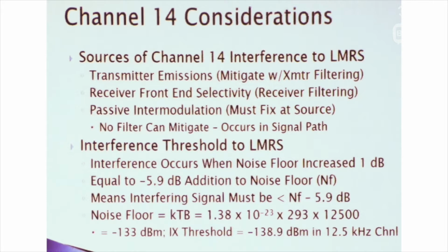But also something that if you've been coming to these conferences for a while, you've heard me talk about in the past, passive intermodulation. That you cannot fix with a filter. That has to be fixed at the source. It's just like I was saying a minute ago about the mask filters and receivers. Once the energy's there in the adjacent channel, that becomes co-channel interference on that channel and cannot be fixed with a filter.